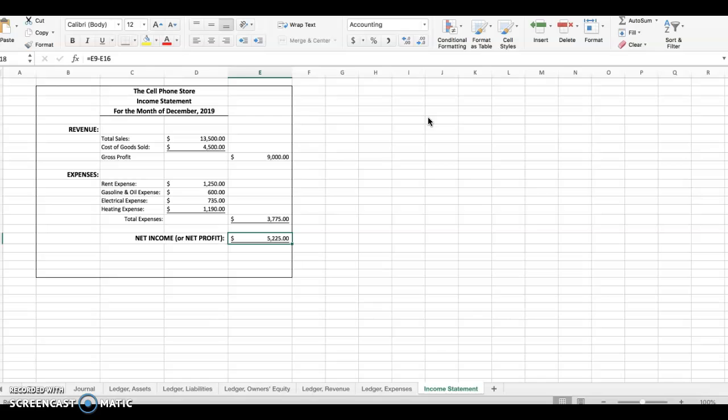So as I said, review this if you need to. That third entry is a crucial one, and you need to understand the impact of selling merchandise or inventory at a higher price than you paid for it to begin with. And this is how that is accounted for in the books of the business, and then finally in the income statement.